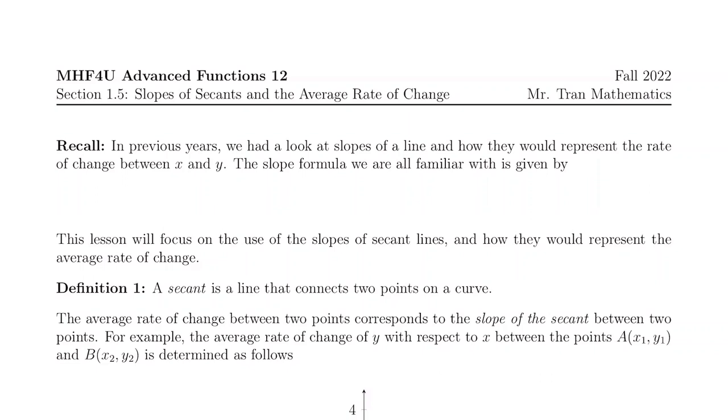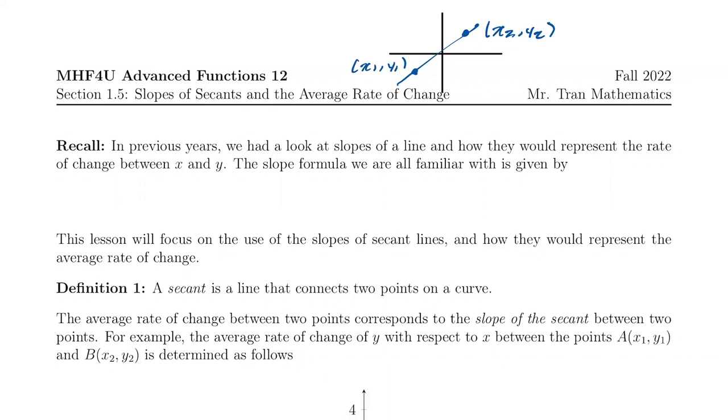First of all, in previous years, we had to look at the slopes of a line and how they would represent the rate of change between x and y. For example, if we had to look at the equation of a line, how do we determine the slope? Well, if we're given 2 points, we would calculate the slope between them. So if this was x2, y2, and the first one was x1, y1, then we would calculate the slope between them.